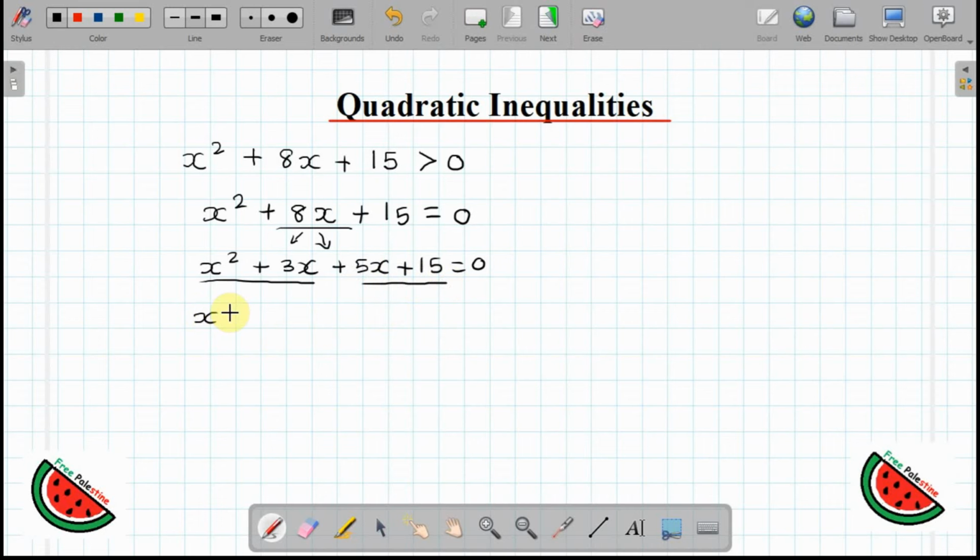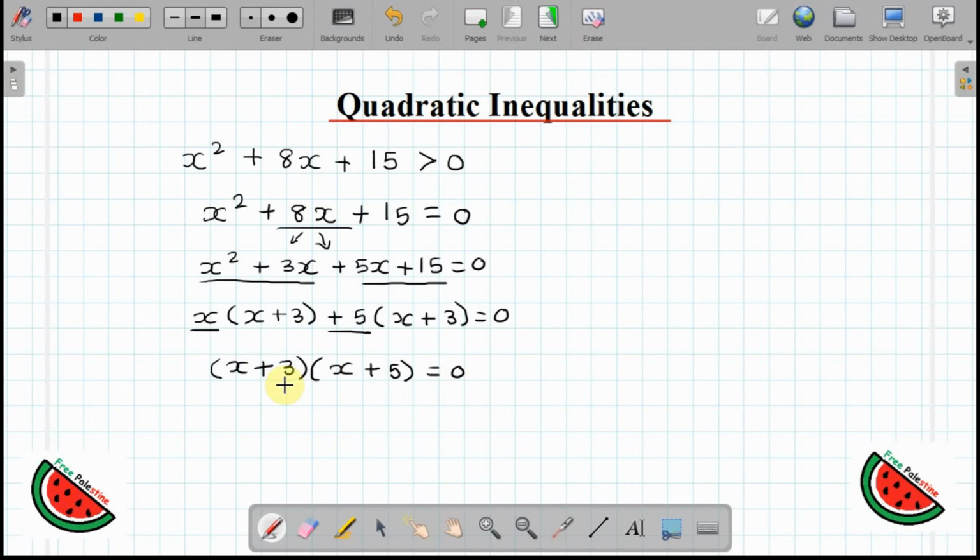So I've got x bracket x plus 3 plus 5 bracket x plus 3 equals 0. And I factorize the whole line. You can see that both brackets are x plus 3. So I'll have x plus 3 here, and then the second bracket will be formed using x plus 5.